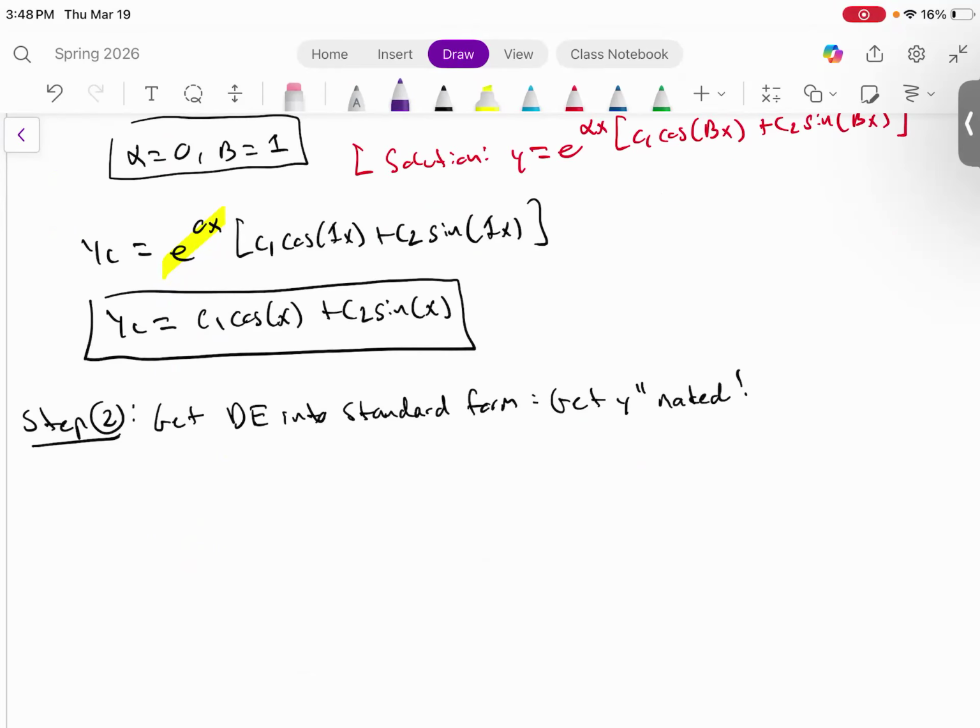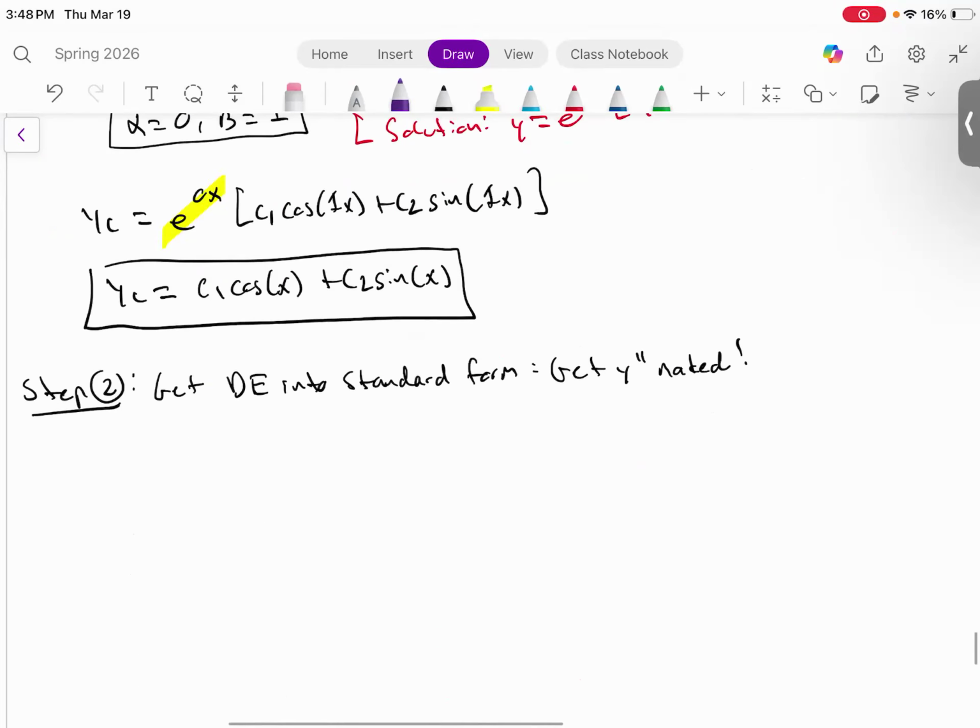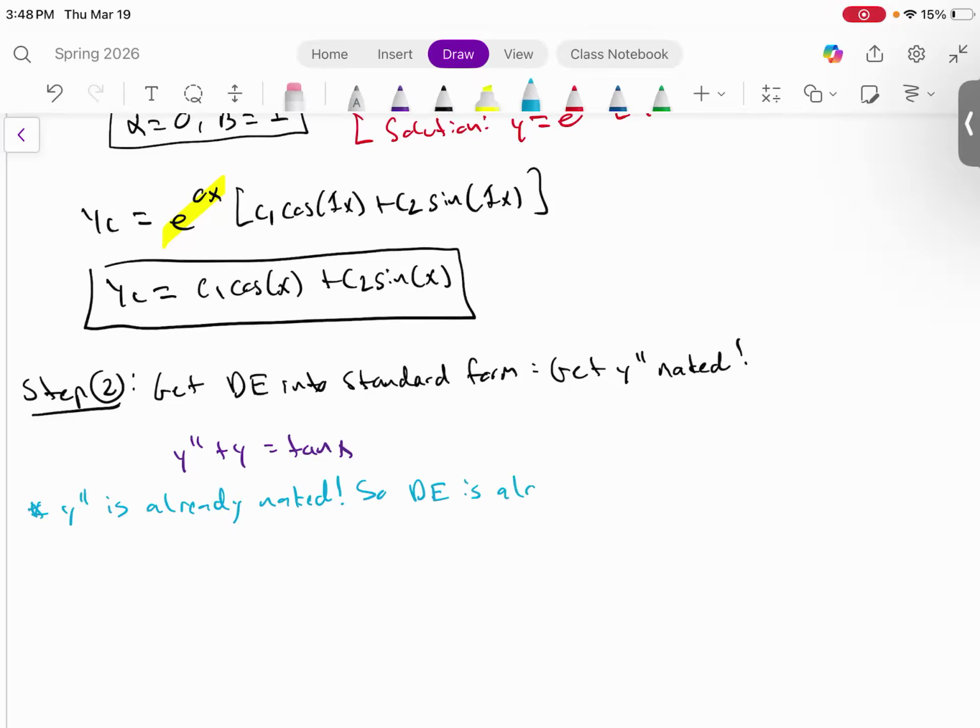Our differential equation from up above is y double prime plus y equals tangent x. The good thing about this is that y double prime is already naked. So the differential equation is already in standard form. Since it's already in standard form, this tangent x is going to be my input function f of x.